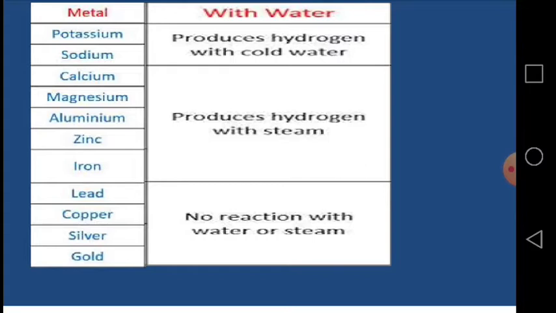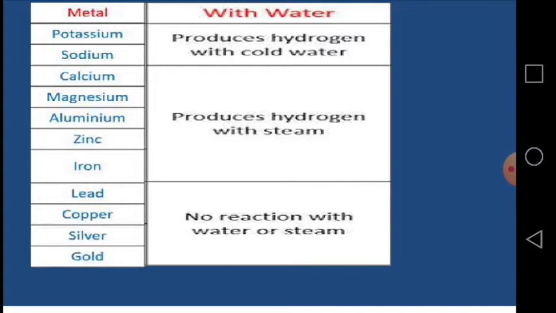Sodium also reacts very violently to form sodium hydroxide and hydrogen gas. Hydrogen gas may catch fire and explode. Calcium reacts readily with cold water to form calcium hydroxide and hydrogen gas.